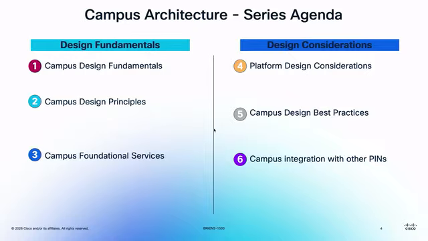Across these two 90-minute sessions, we'll be covering the six main topics: the fundamentals, principles of building a network through the foundational services, or basically how to handle services architecture while planning your network. Then we'll be moving to the design considerations. Essentially, it means which platform should I choose, whether modular or fixed, what are the best practices for each and every aspect of designing your network, and we are finishing with the integrations.